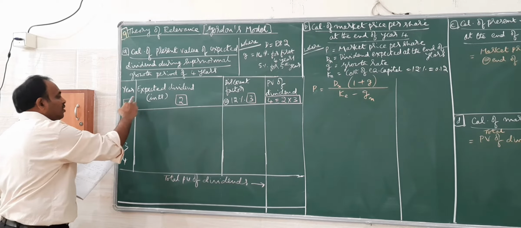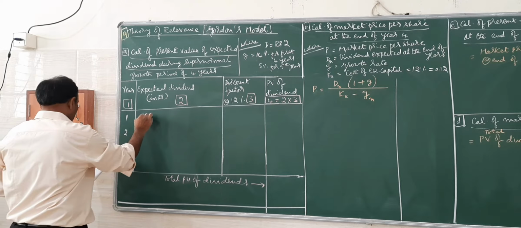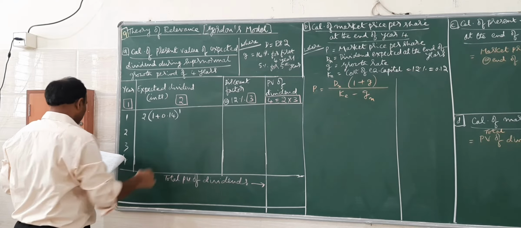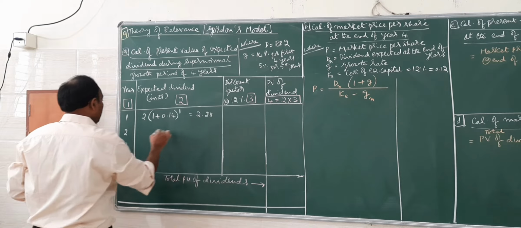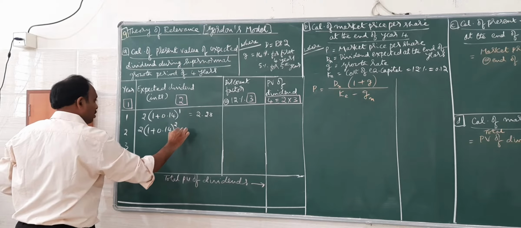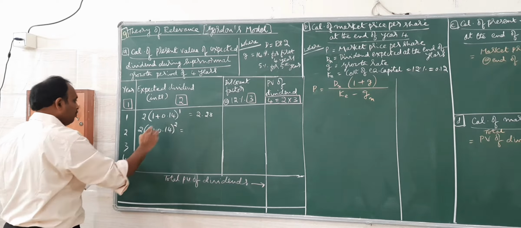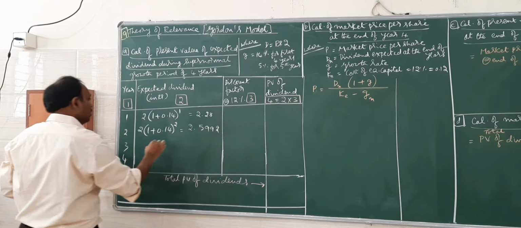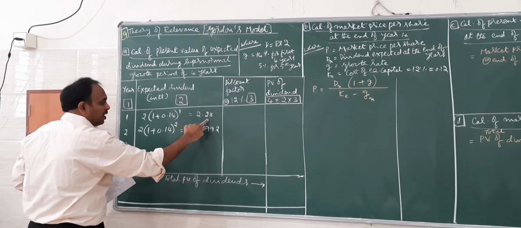So I am calculating here the expected dividend in rupees for 4 years. So ₹2, expected to grow at 14%. If you simplify, 2.28. The second year is expected to grow 14%, so I am taking 1 plus 14% to the power of 2. If you simplify here, 2.5992. So at the end of the first year, the dividend will be ₹2.28.